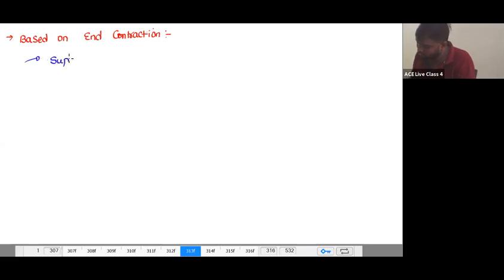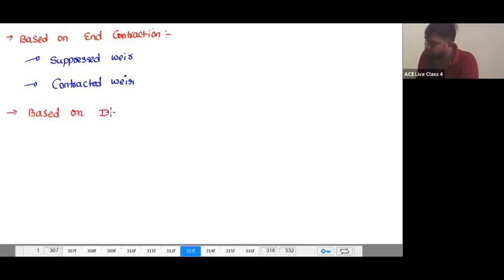Suppressed weir, contracted weir. Based on discharge: free falling weir, submerged weir.